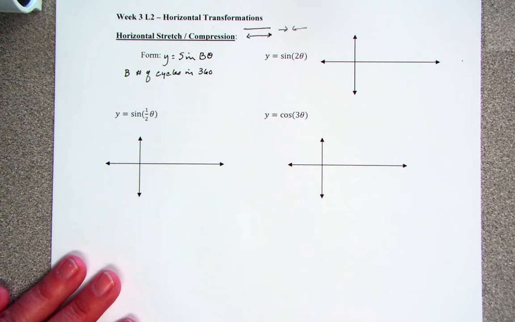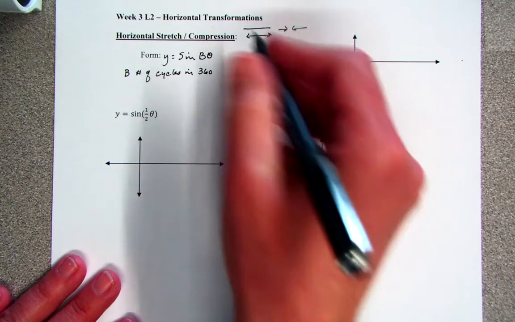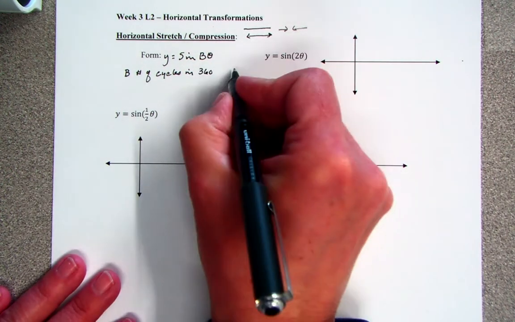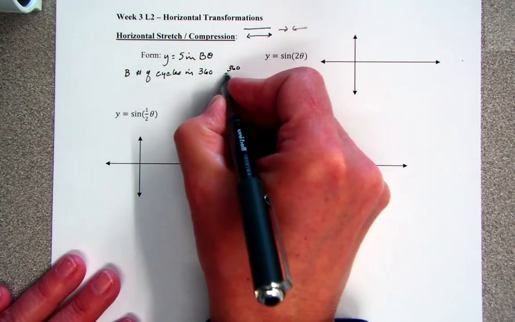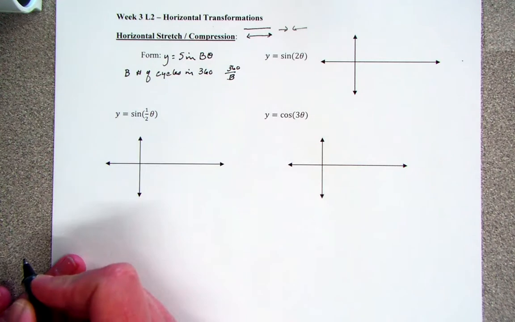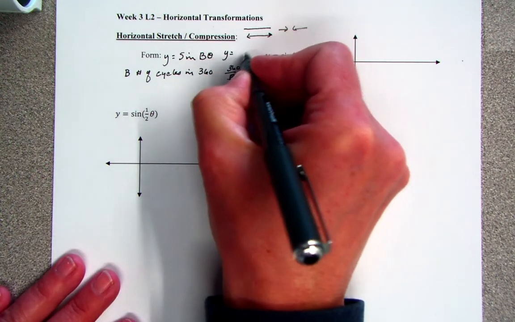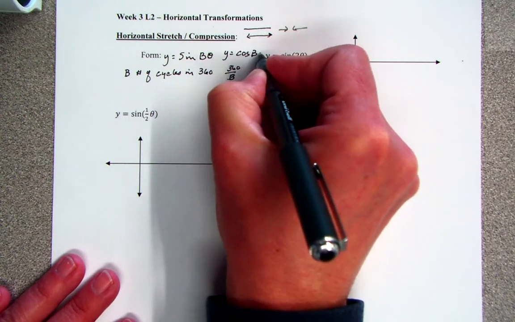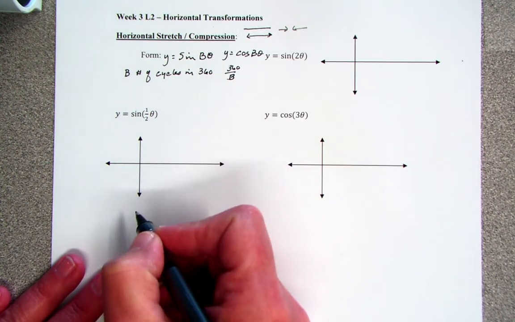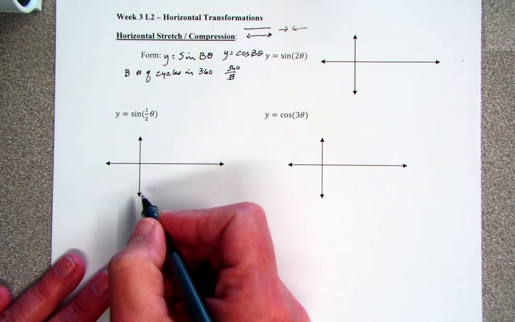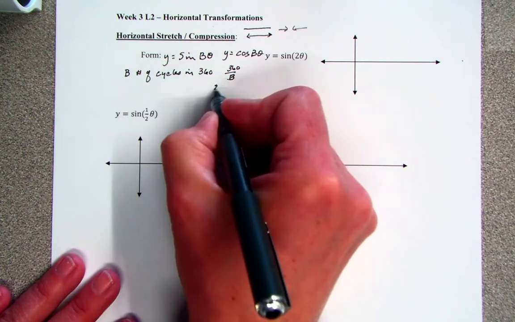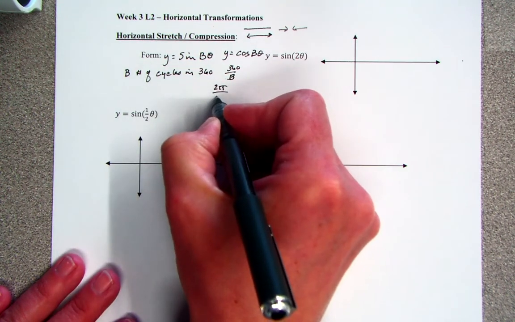So how can I find how many I'm going to have altogether in 1? I would go 360 divided by B. And that's the same thing if I have cosine. It just says I have B number of cycles in 360. So we take 360 or 2 pi and divide it by B.